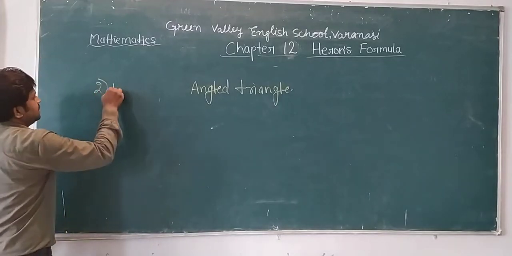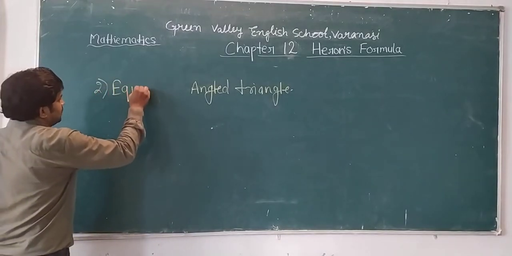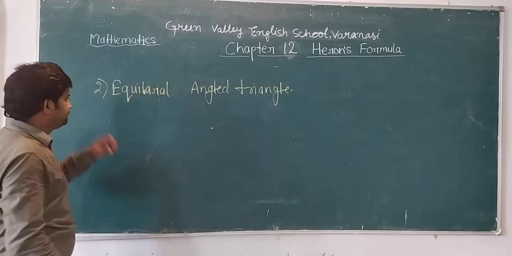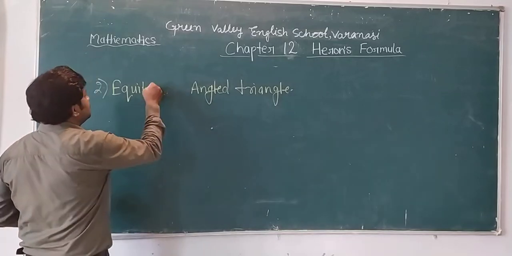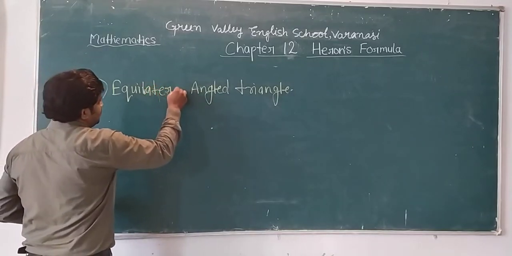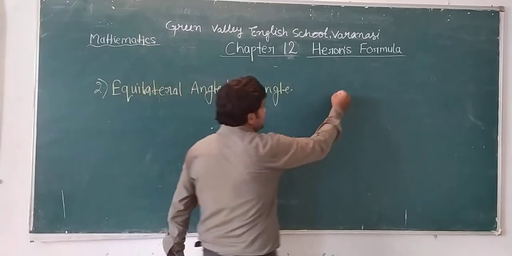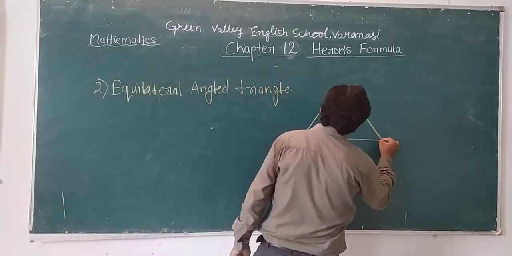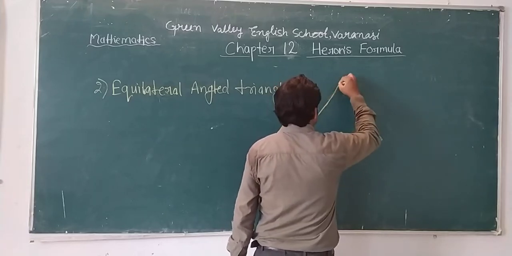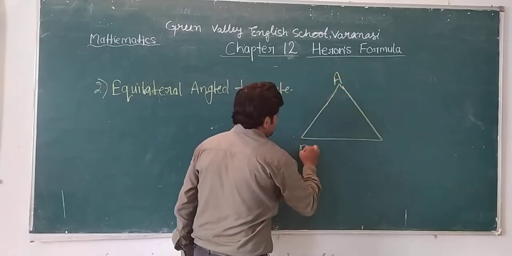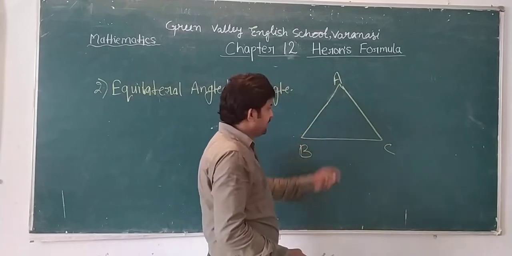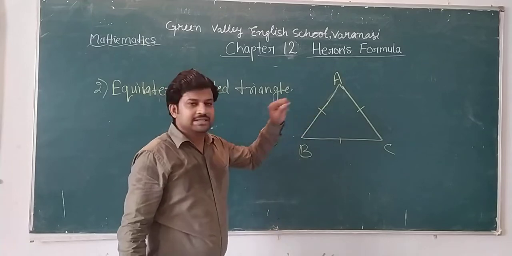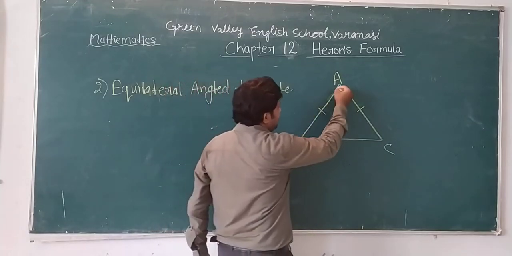Suppose the triangle is ABC, where AB is equal to BC is equal to CA.